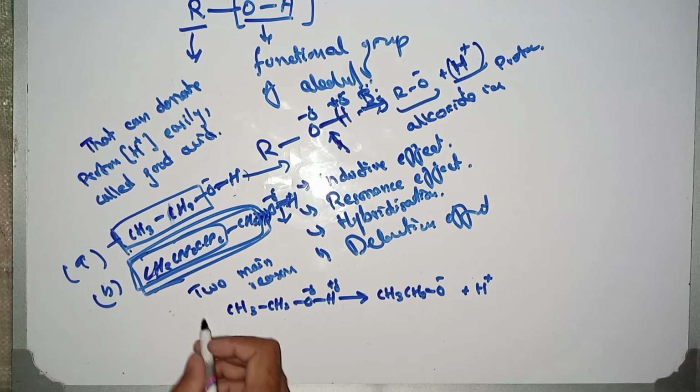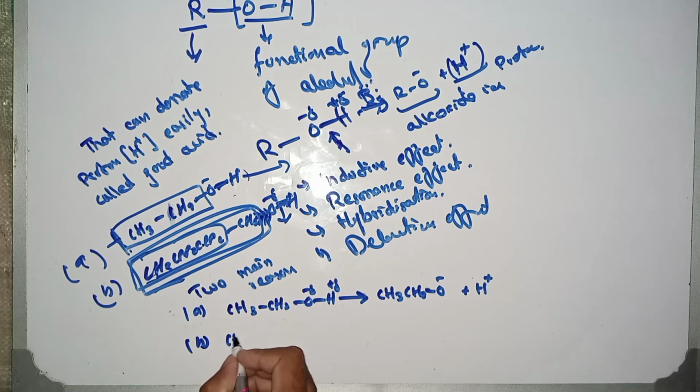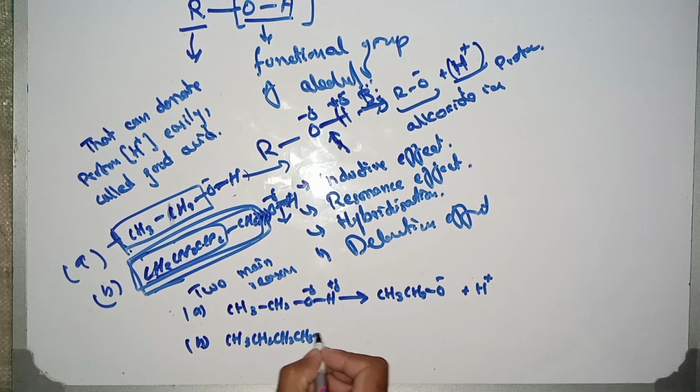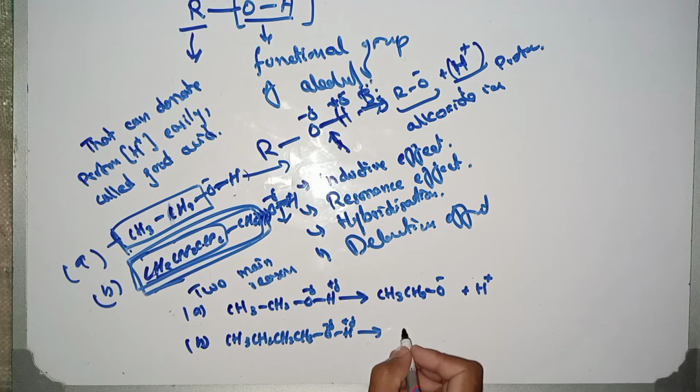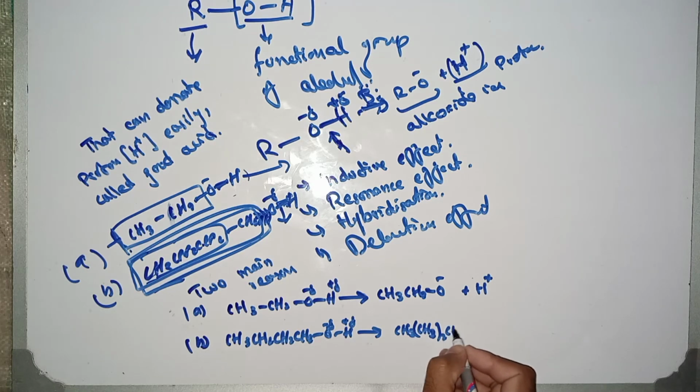These two ions are produced in case of A, in case of ethanol, while in case of butanol, CH3CH2CH2CH2OH, it will generate the butoxide ion CH3CH2CH2CH2O negative plus H positive. In both cases, these two ions are produced.